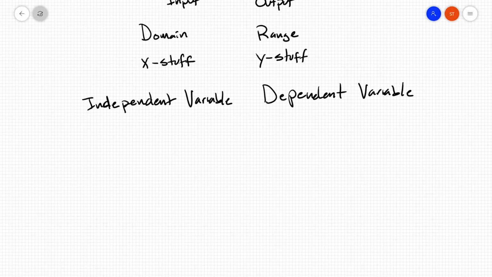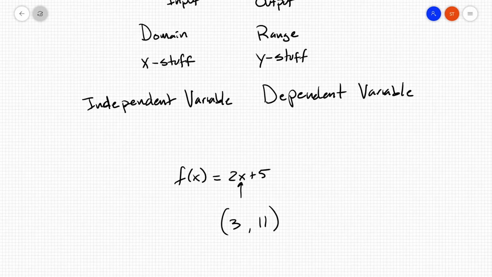So if you're thinking of a graph or a function, when we get into the function notation, here's a function. I input x and I output y. So if I input 3, for example, 2 times 3 is 6, plus 5 is 11, I output 11. 11 depended on what 3 was. The y value depends on what I plug in for x.